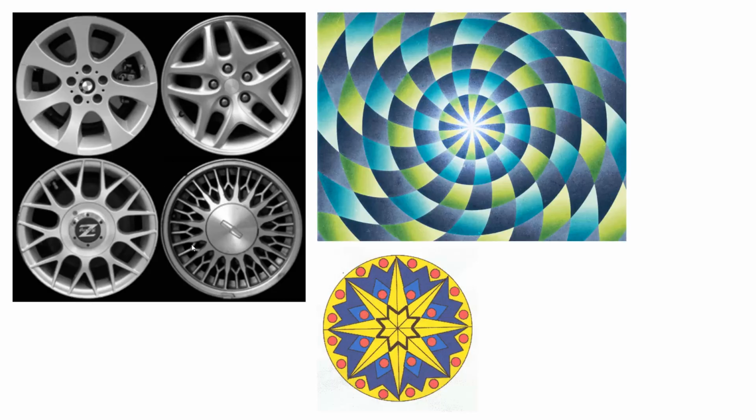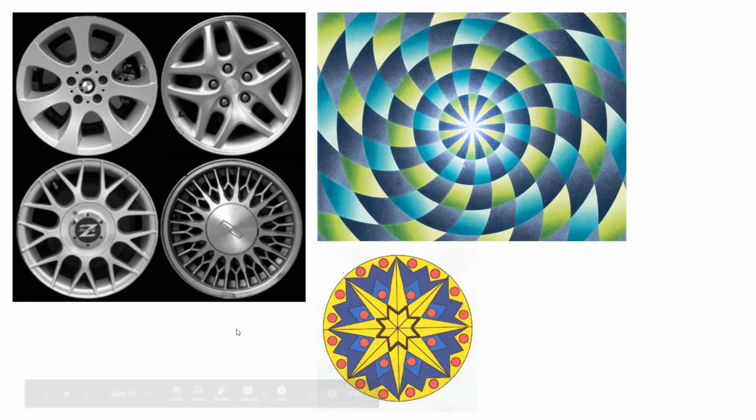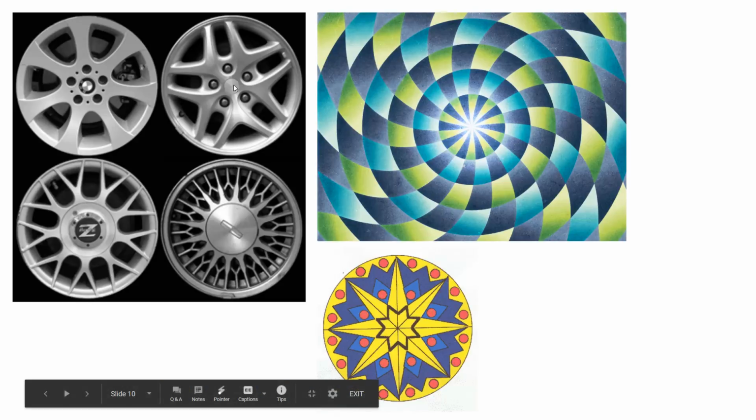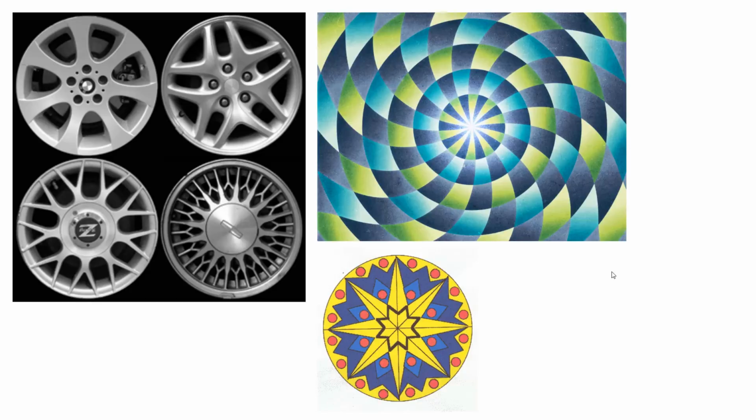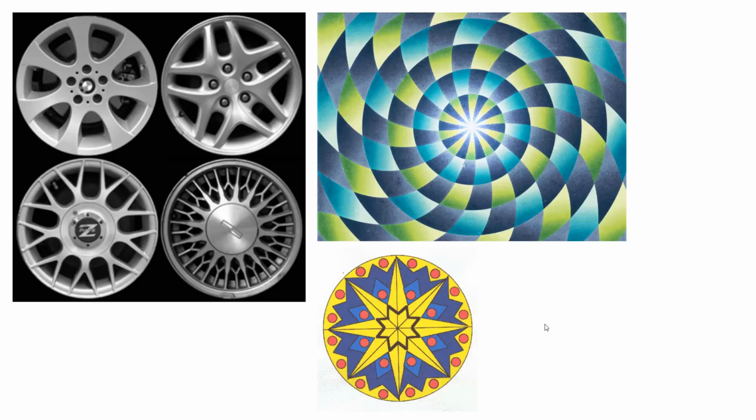Us teenagers and hip drivers are always looking for new hubcaps that have really unique or interesting patterns. Well, they tend to be radial in their likeness. They spiral out a repeating pattern from the central location in the middle. All right. Mandalas that are created are radial designs and patterns.